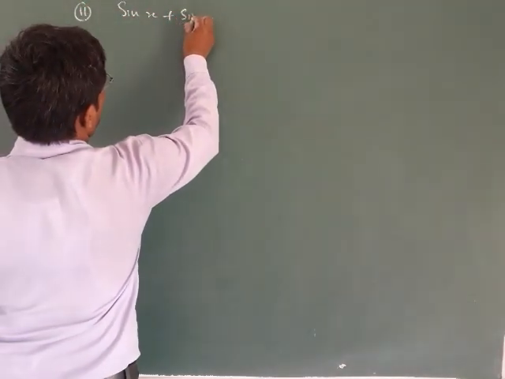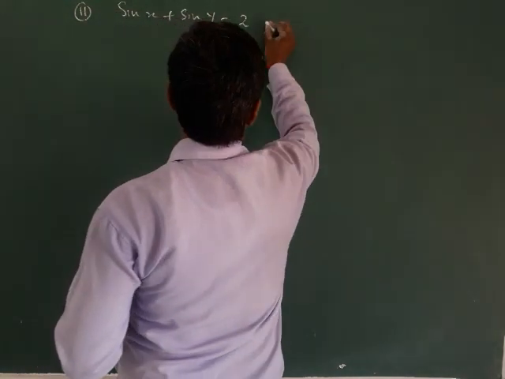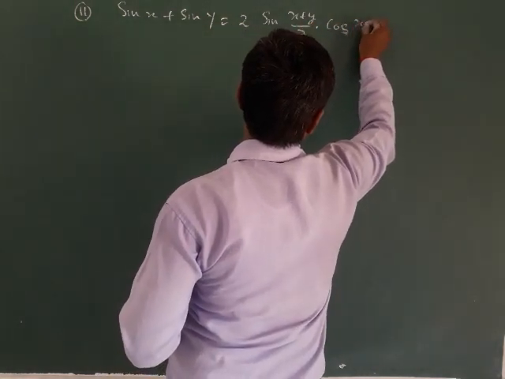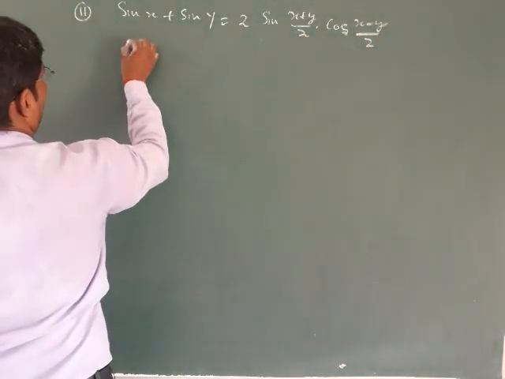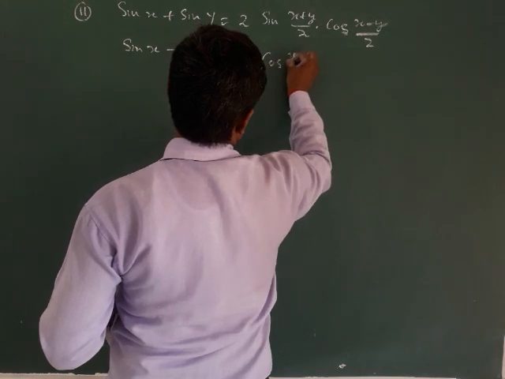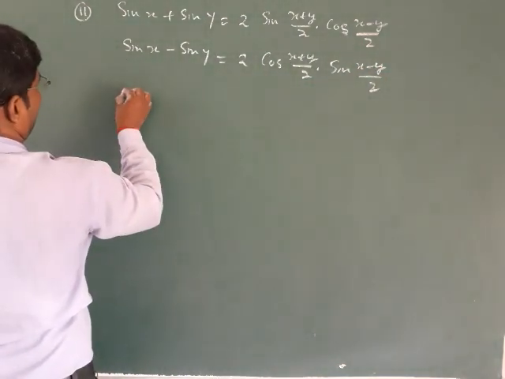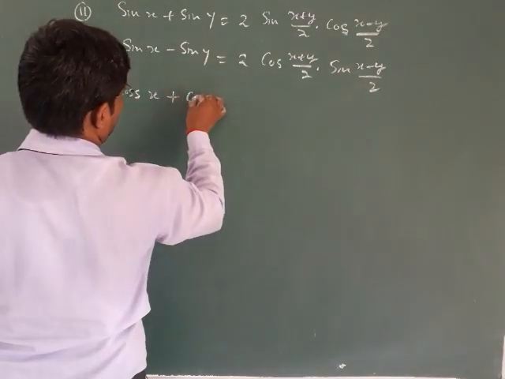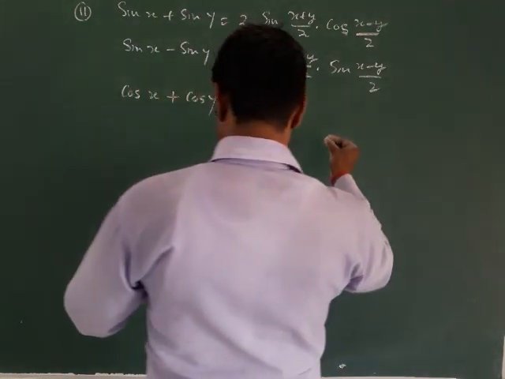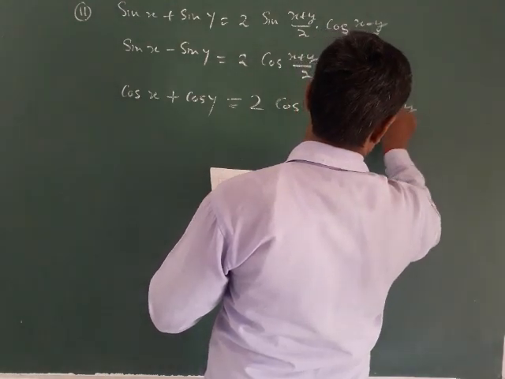Sin x plus sin y is equal to 2 sin (x plus y) by 2 into cos (x minus y) by 2, and sin x minus sin y is equal to 2 cos (x plus y) by 2 into sin (x minus y) by 2, and cos x plus cos y is equal to 2 cos (x plus y) by 2 into cos (x minus y) by 2.